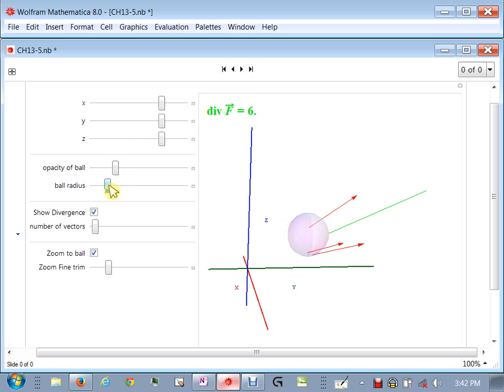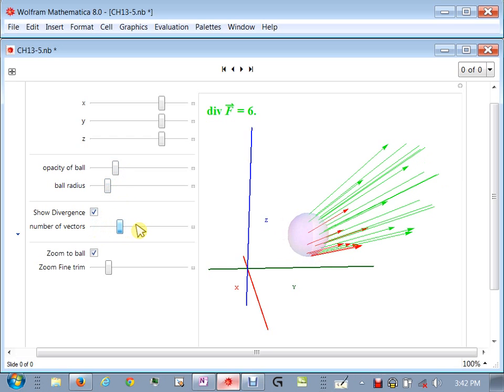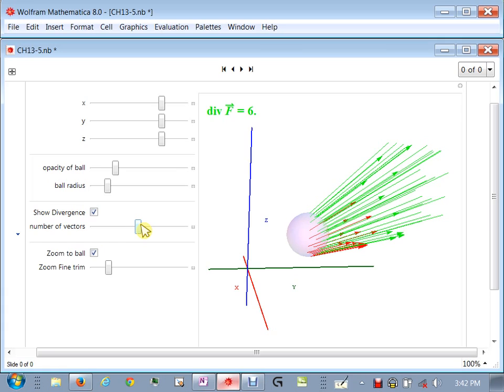And I can make the ball smaller. There we go. See it? So this would be positive div. So you would call the region around this a what? A source. It's like if you're looking around that ball, there's more coming out than going in, right? Things are moving away from that ball more than they're moving in. So it's a source point.